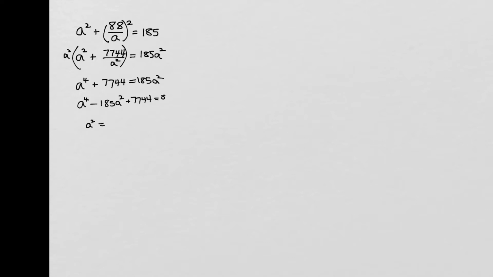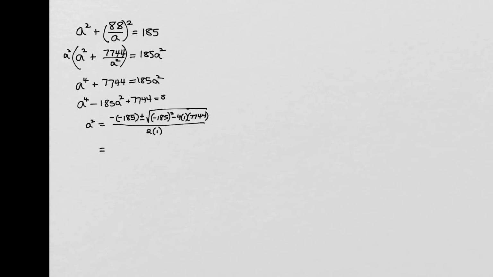If I use the quadratic formula, then I have A squared equals negative B, which is the opposite of negative 185, plus or minus the square root of that negative 185 squared minus 4 times 1 times 7,744, and that's all over 2 times 1.